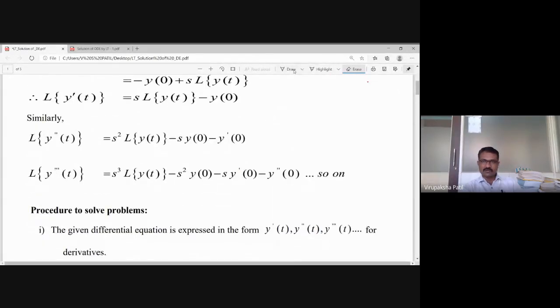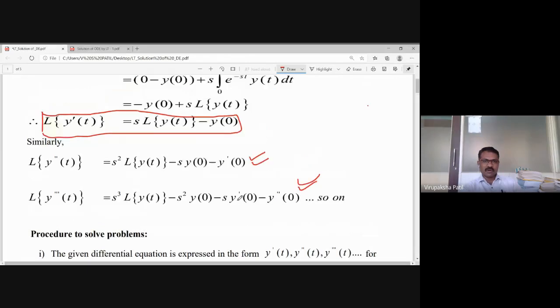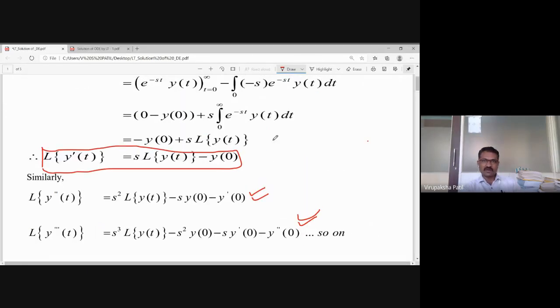Now, what you need to do is remember the expression for L of y dash, the expression for L of y double dash, and the expression for L of y triple dash. I will give one more hint here. If it is a first order differential equation, that means it involves only dy by dx or dy by dt, then definitely they will give this condition, the initial condition.